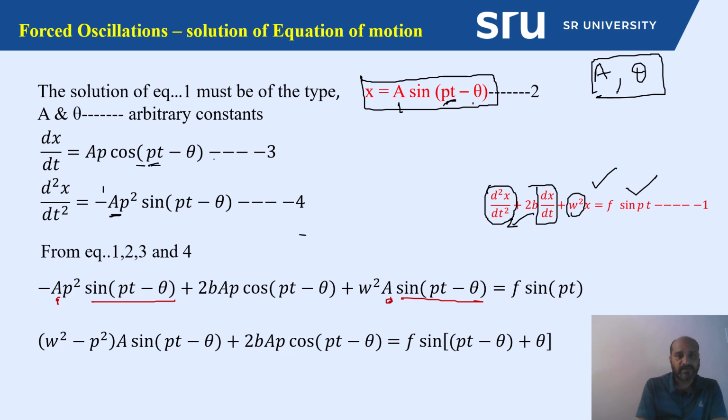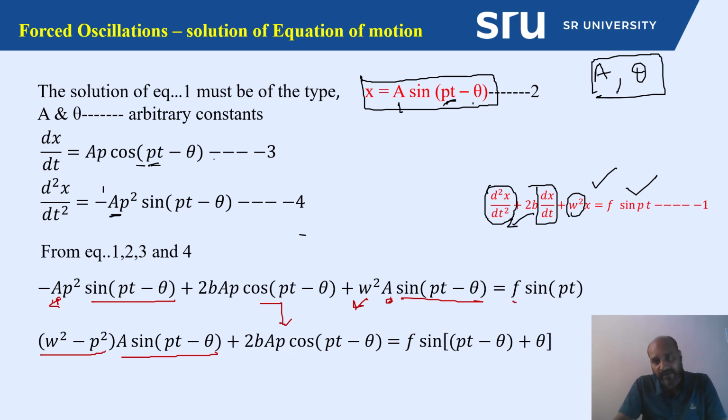So make this a sine of pt minus theta common for both first and third. What will be the result? Plus omega square minus p square, so omega square minus p square of a sine of pt minus theta. And the second term is as it is, no change.